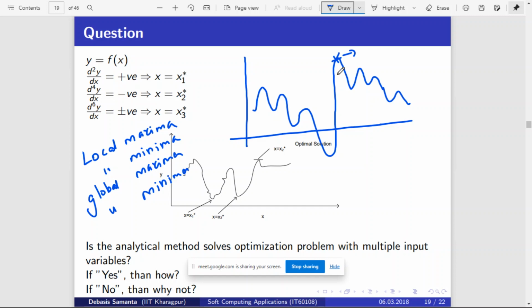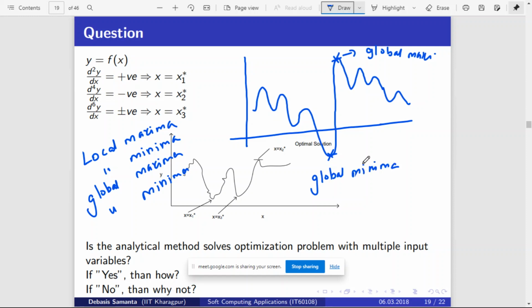The highest point of the graph is the global maxima, and this point is the global minima. That is the smallest point, the global minima, right?